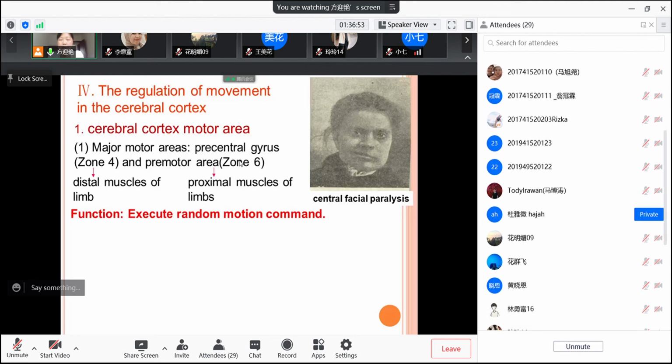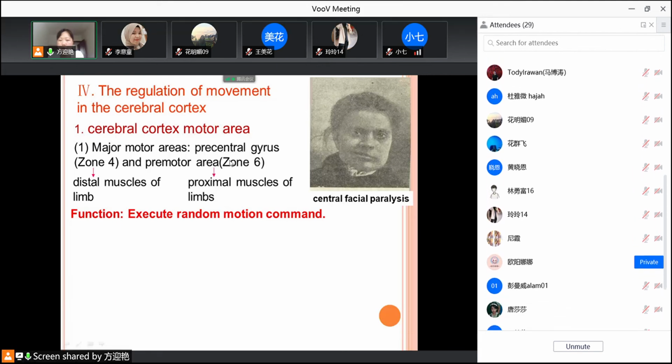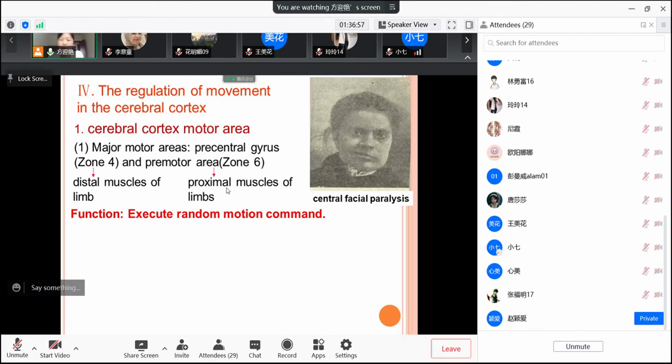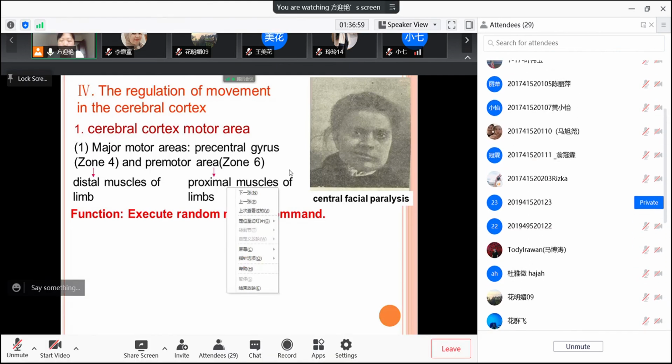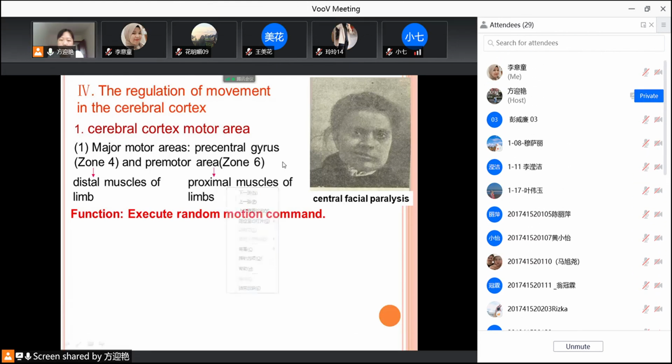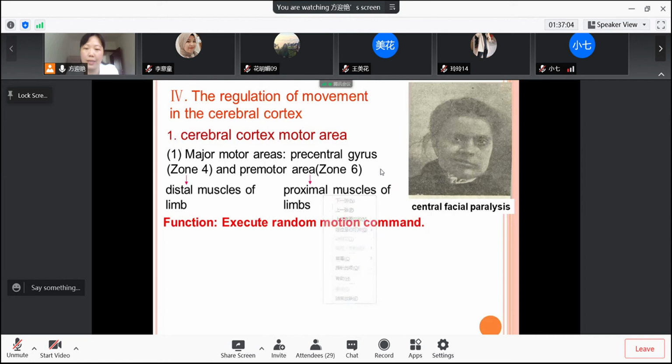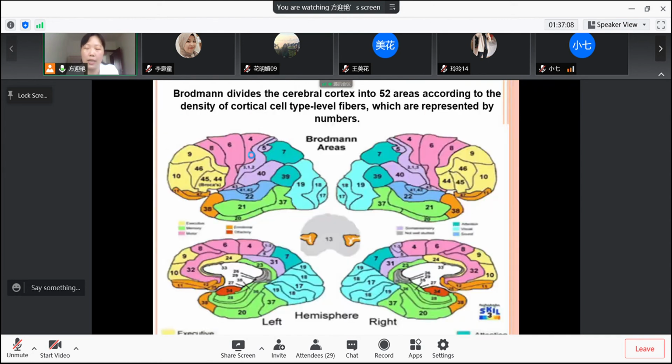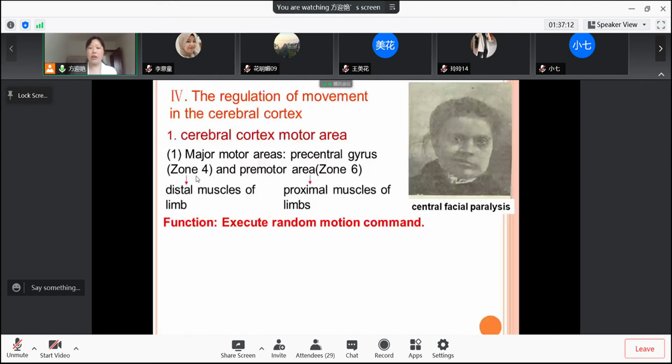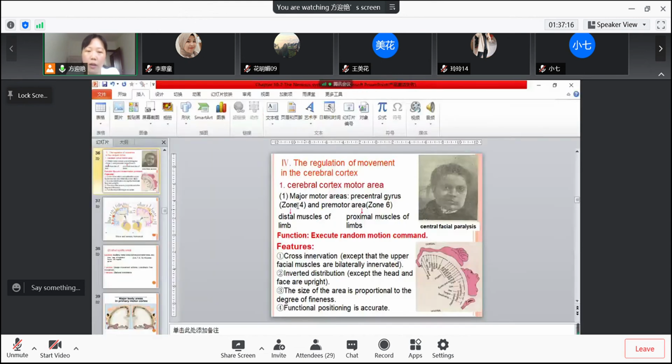And here the area and zone are also the same. So you should know this area.